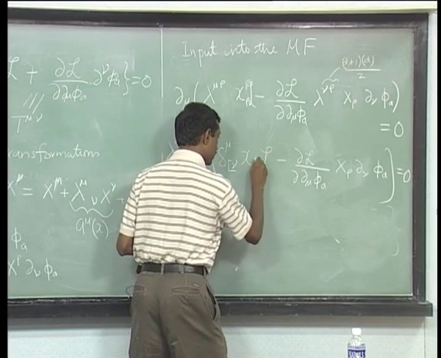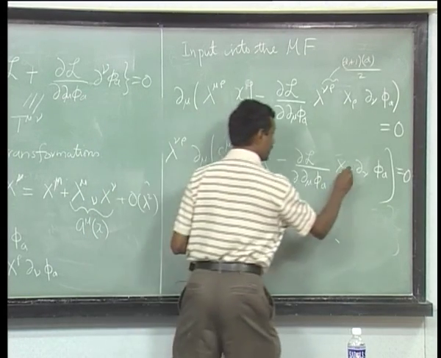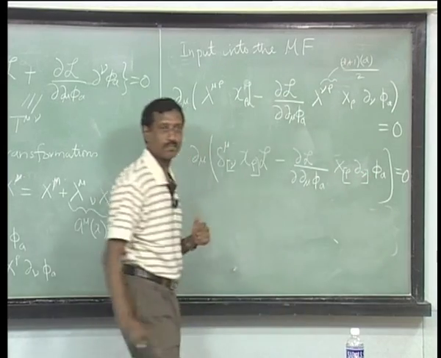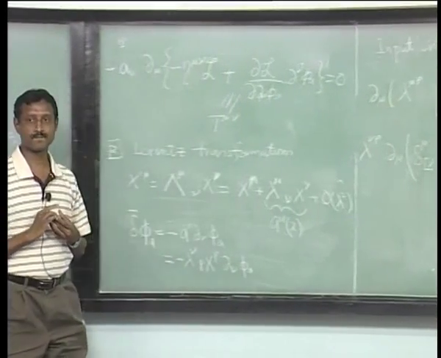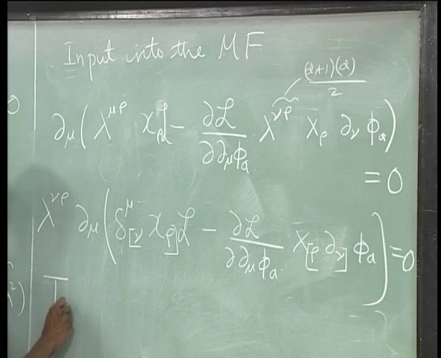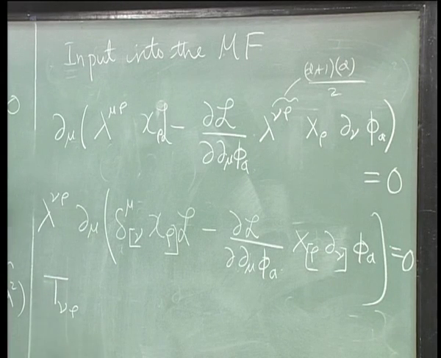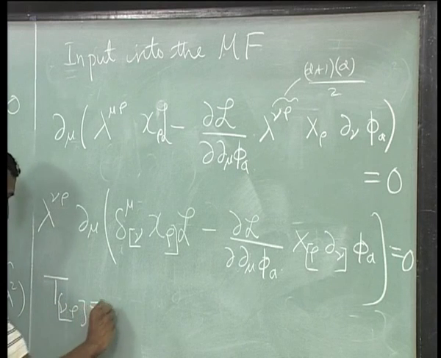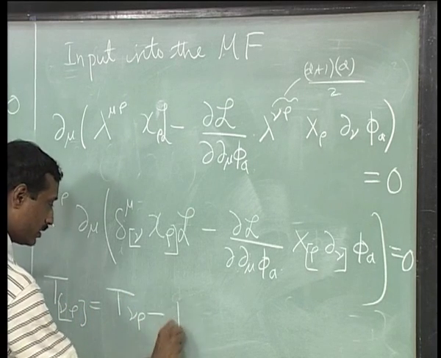I do it by explicitly writing this out in this form. Okay. By this, what I mean is, if you give me some tensor which has nu rho index structure, when I write something like this, what I mean is it is T nu rho minus T rho nu.